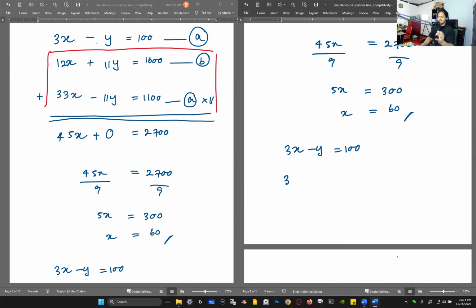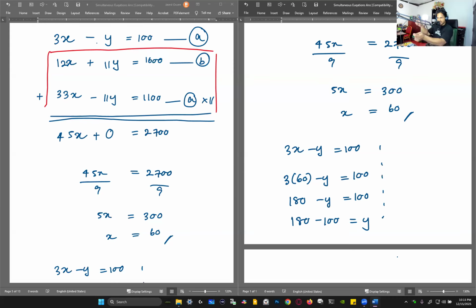Instead of x, Miss Fatima, what shall I write? 60. Absolutely 60 I will write. 60 minus y equals 100. 180 minus y equals 100. You can write 180 minus 100 equals y.